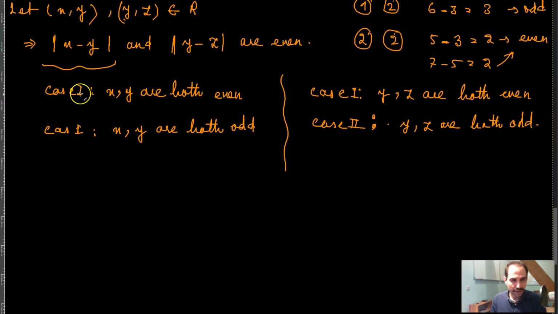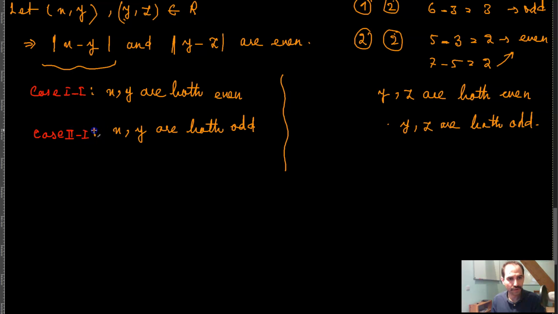So now if I consider case 1, so I call this, for example, case 1-1, for the sake of simplicity, and I call it case 2-1, and I call this case 1-2, and I call this case 2-2, right?